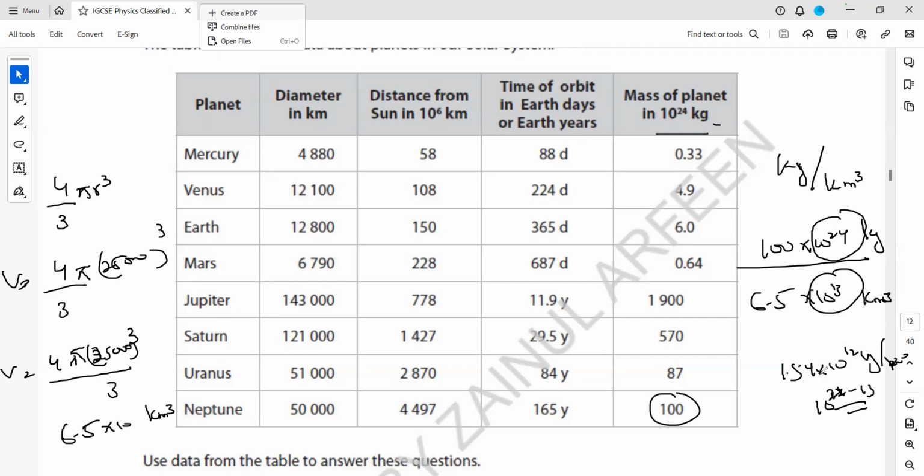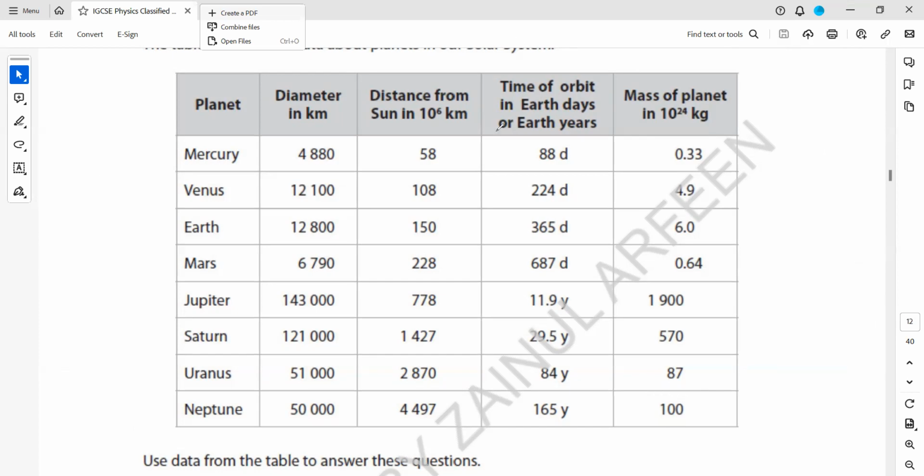So it will be 1.54 exponent 12 kilograms per kilometer cubed. If there was a negative, for example 10 power 24 divided by 10 power minus 13, then when it moves to the numerator, it will be 10 power 24 minus minus, which is plus, so it will be 37. In that case, it will be added. But because both are positive powers, when we divide them, it should be subtracted.